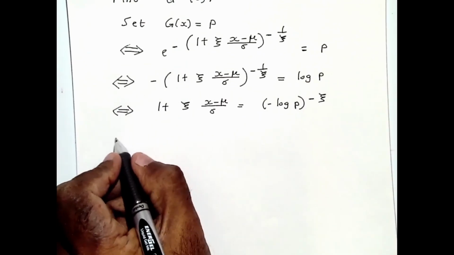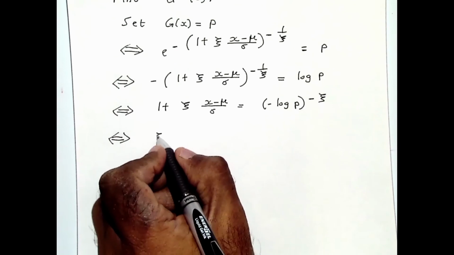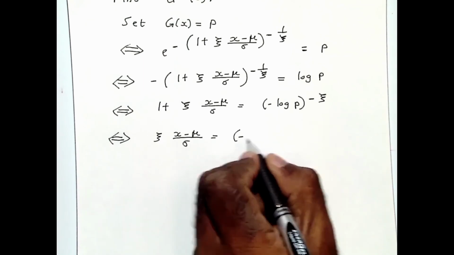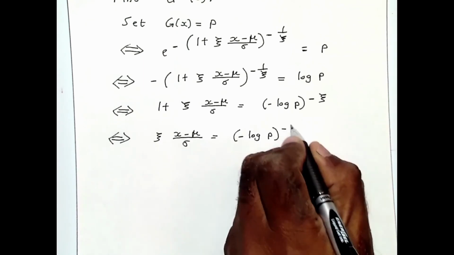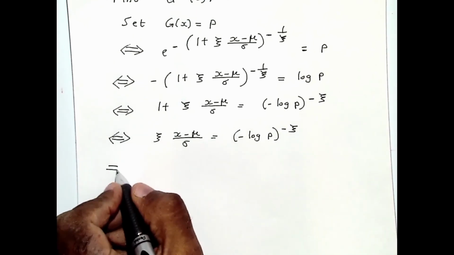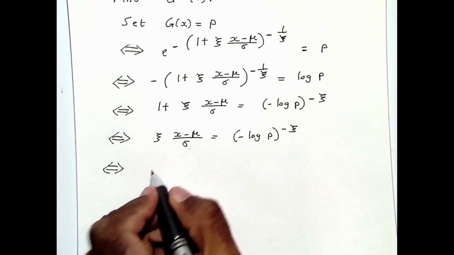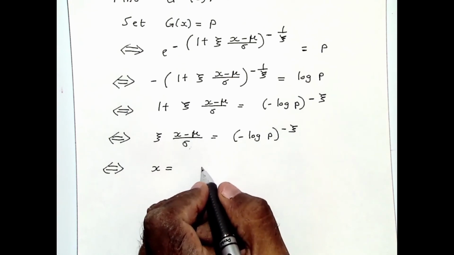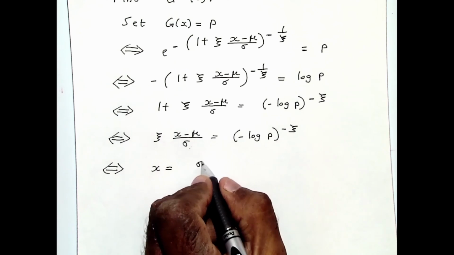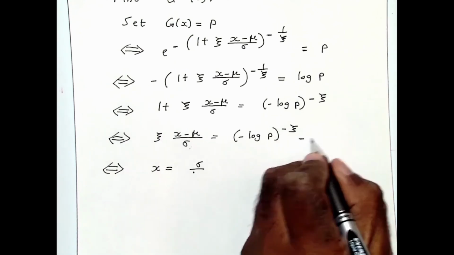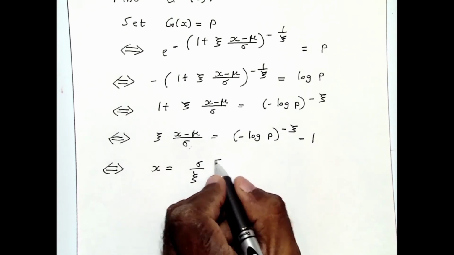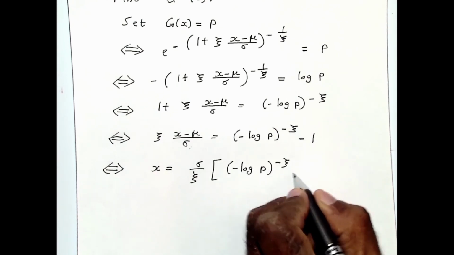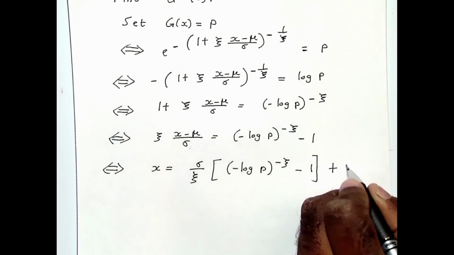Alright, and then this, and finally taking all these constants to the right hand side, you have x equal to the following: sigma by, sorry, I left out sigma by psi of this minus 1, then plus mu.